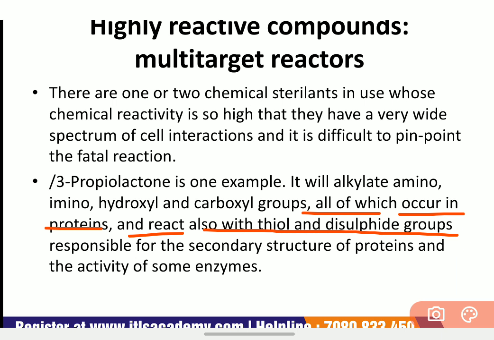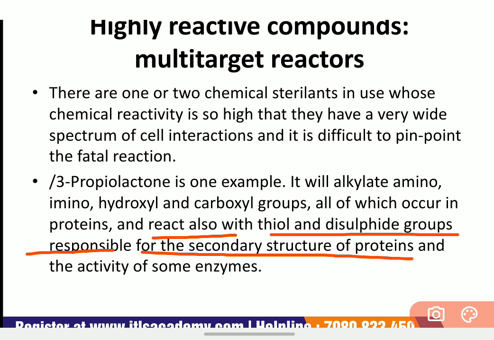As we know that in proteins, amino, imino and carboxyl groups are important because these are the naturally occurring groups in the amino acid. So if there is any reaction with these groups, then this will disrupt the structure and synthesis of protein. They react also with thiol and disulfide groups responsible for the secondary structure of proteins and the activity of some enzymes.